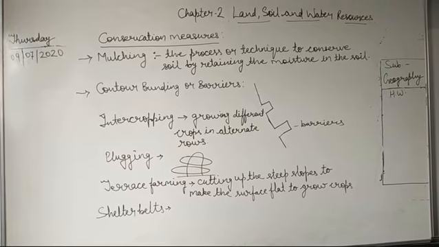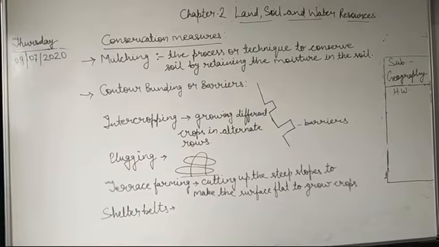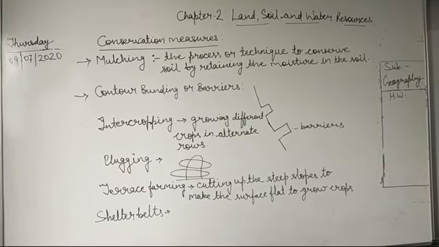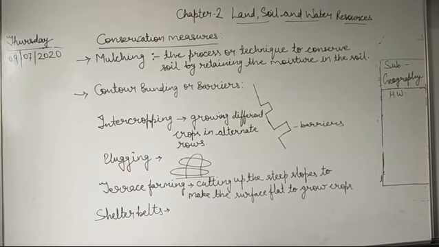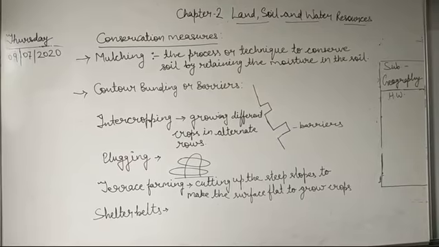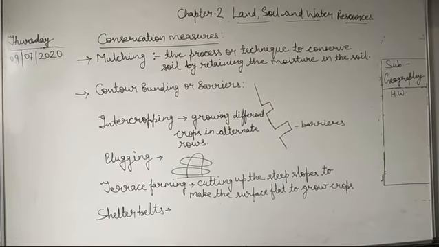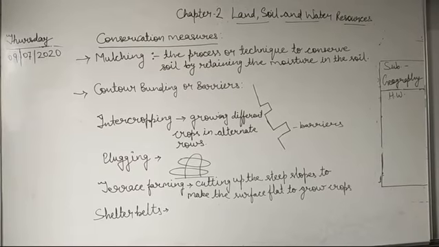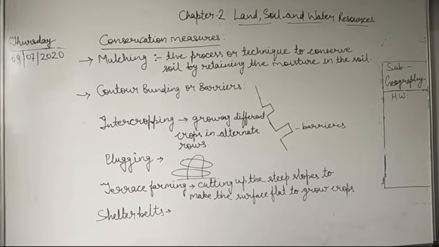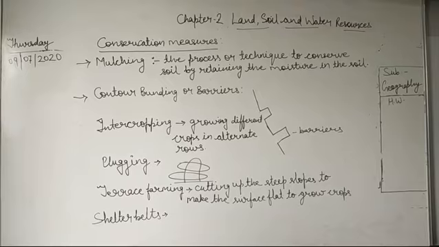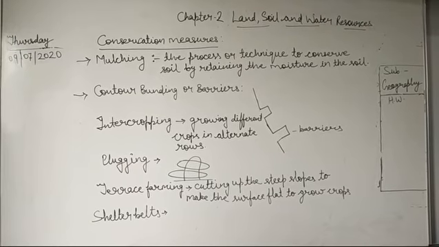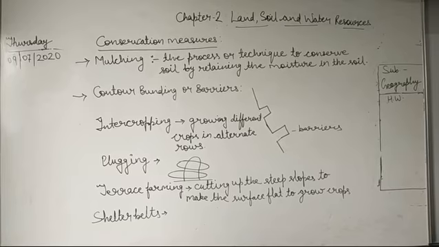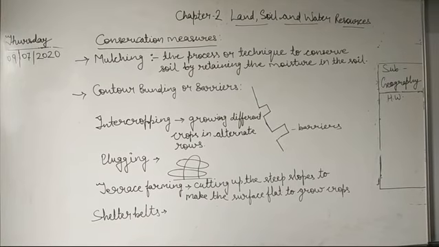Then terrace farming, in which steep slopes are cut up to make flat surfaces to grow crops. The terraces reduce runoff and soil erosion, and this method of conserving soil and utilizing hill slopes to grow crops is called terrace farming.